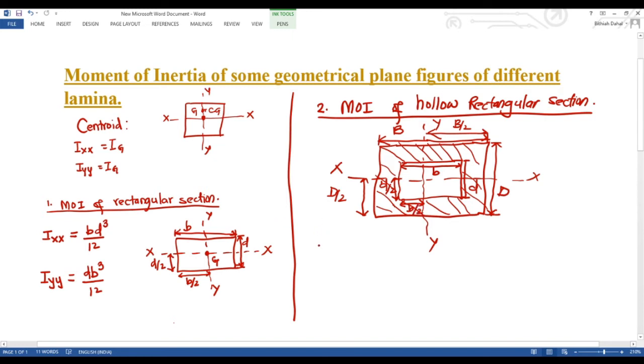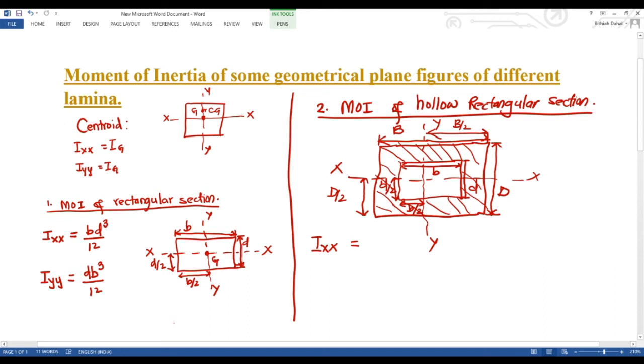Now if I try to find the moment of inertia about the x-axis, it will be equal to the moment of inertia of the outer rectangle minus the moment of inertia of the inner rectangle.